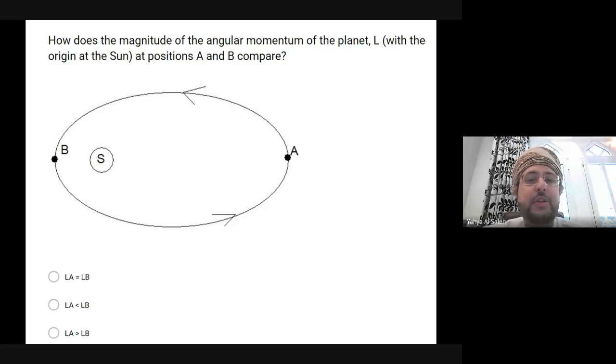How does the magnitude of the angular momentum of the planet L with the origin at the sun at positions A and B compare? So if I calculate the angular momentum at B and I calculate the angular momentum at A, how will they compare? Will LA be equal to LB? Will LA be less than LB? Or will LA be more than LB?